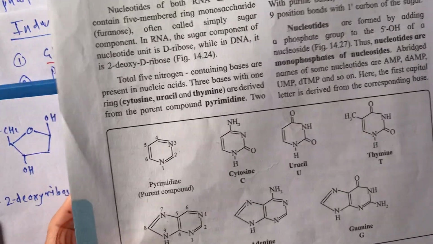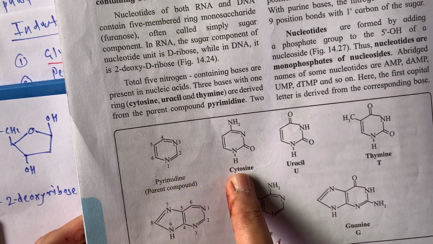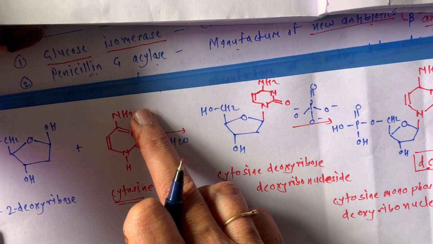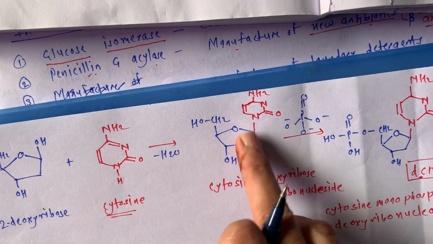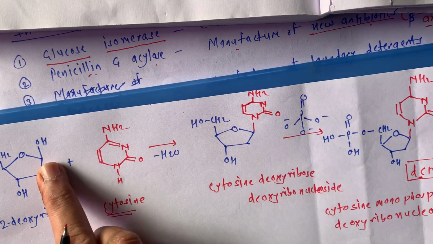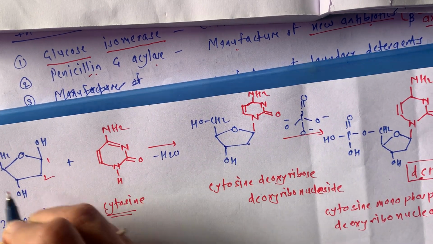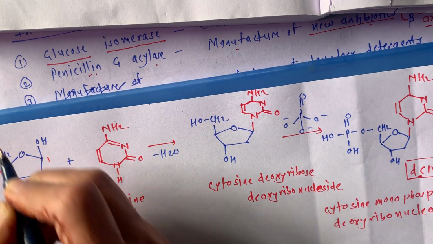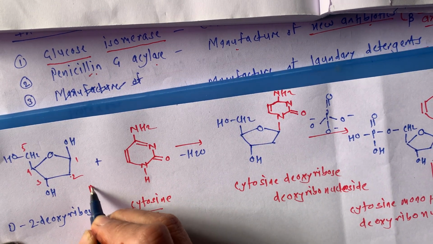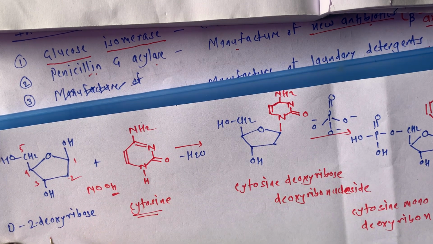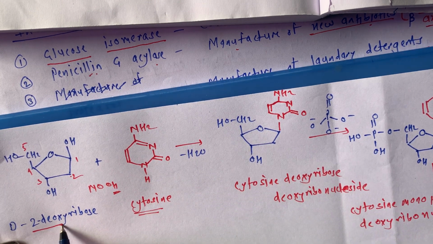This is parent compound pyrimidine, and this is our cytosine. NH2 is here, and C double bond is here. These two are going to attach to here at the C1 position. This is 1, 2, 3, 4, 5. Okay, this is the second position. There is no OH. That's why this is 2-deoxy.